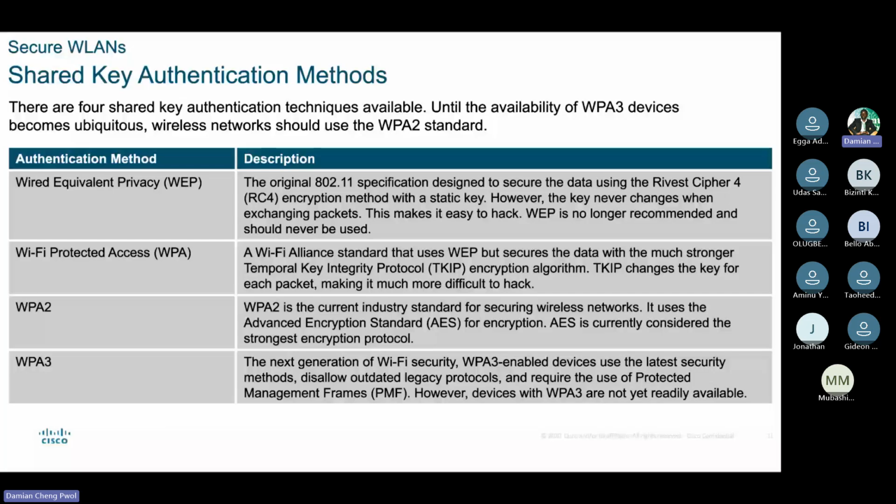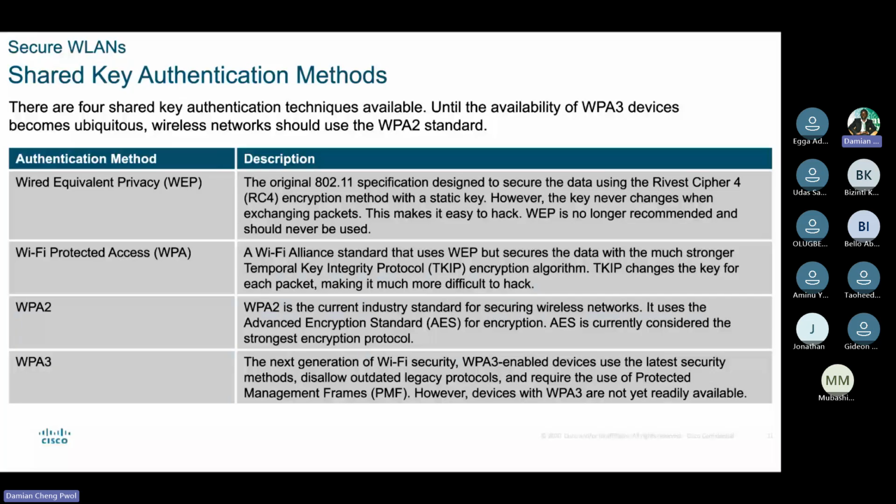This makes it easy to hack. WEP is no longer recommended and should never be used. So what we mean here is that when you enter a password, that is your key, and every packet that moves from one point to the other goes with that information.